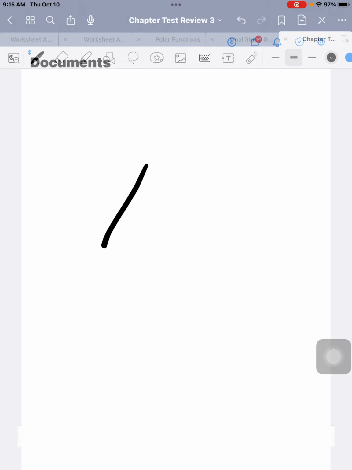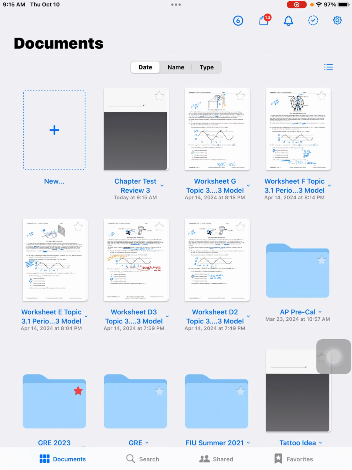Okay, I'm going to draw it out really quick. I've gotten so used to OneNote that it feels awkward doing this.